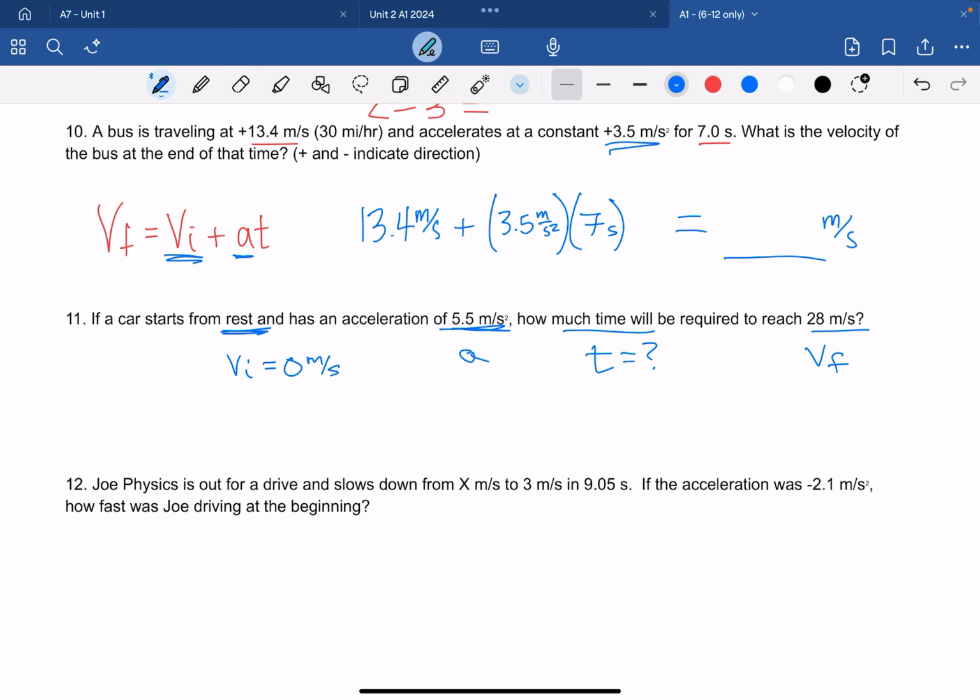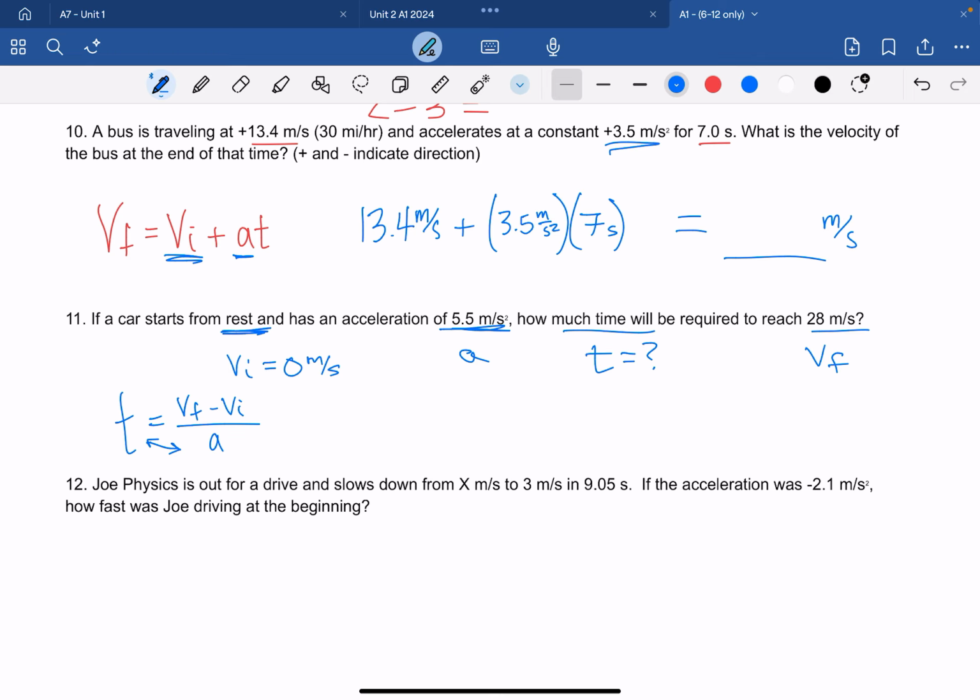So with this one, I better give you the time formula. Final velocity minus initial velocity all over acceleration. So it looks very similar to the acceleration formula, but you can see that these two variables just swapped places, which you can do. So solving for time, plug in your numbers there, and your answer will be in seconds since you're solving for time.